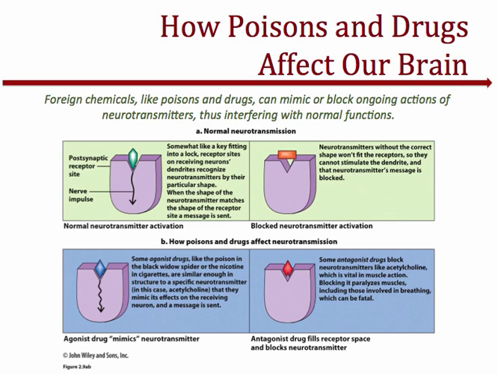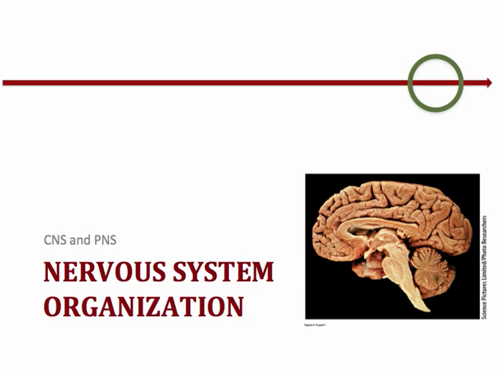So the drugs that are largely used to treat schizophrenia block dopamine. On the other hand, I mentioned that low levels of dopamine are associated with Parkinson's disease. So the drugs that are used to treat the symptoms of Parkinson's disease are dopamine agonists. They're increasing dopamine availability.